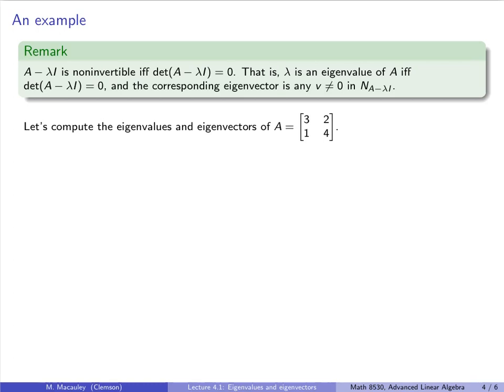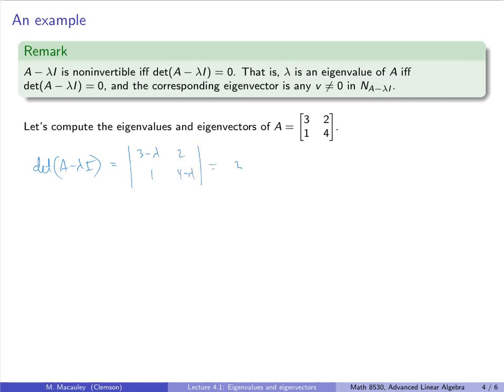And I'm going to do this for a 2x2 example. I'll do this fairly quickly because this is something that you have likely seen in your introductory course. So let's take the determinant of A minus lambda I for this case. That is the determinant of [3 minus lambda, 2; 1, 4 minus lambda].